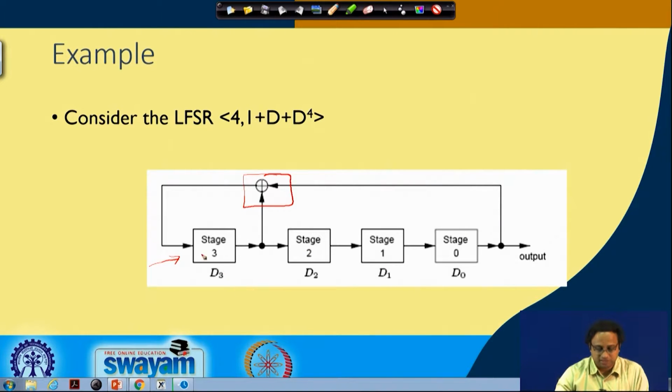So the idea is, if there is a new polynomial that you want to read, typically this is how you read it. The d to the power of 4 is the maximum degree, since this is a 4-bit LFSR. You can imagine that the bit sequences generated by this LFSR can be enumerated by 4 bits, depending upon the values of D3, D2, D1 and D0.